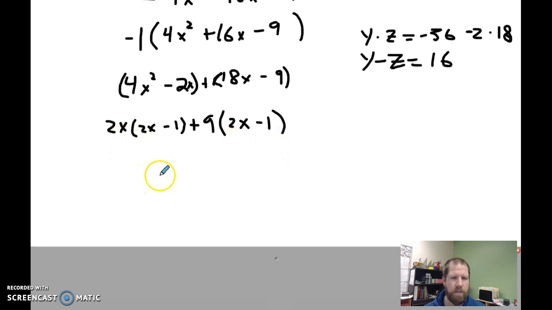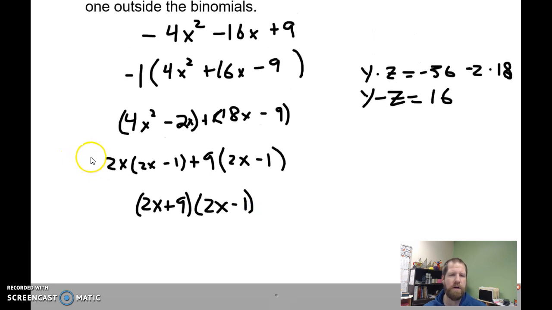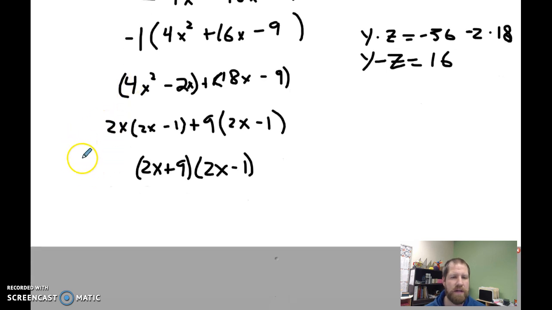All right. Combine my polynomials: 2x plus 9 times 2x minus 1. And now I've got to remember, and you can see that I left off this -1 for all of these middle steps, and that's fine as long as I remember to bring it down and multiply it again by -1.